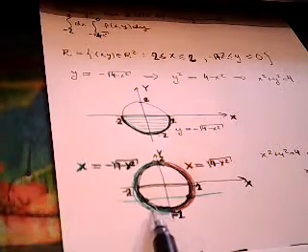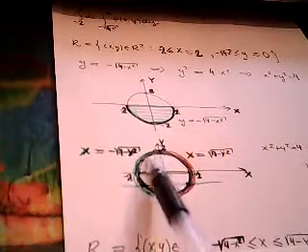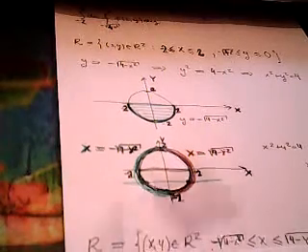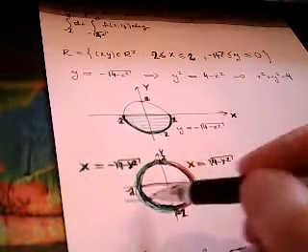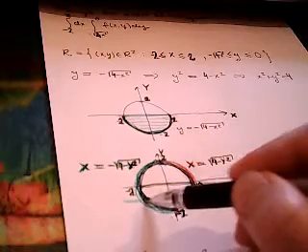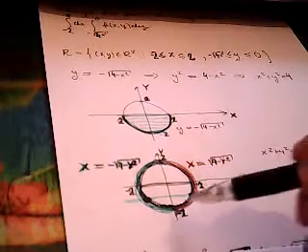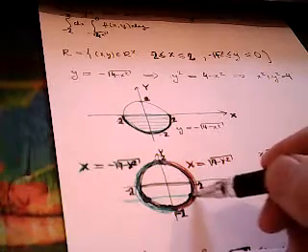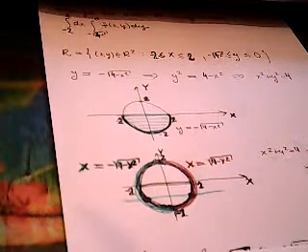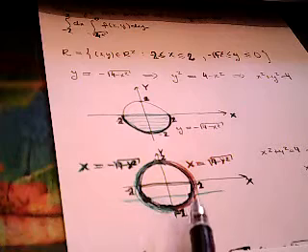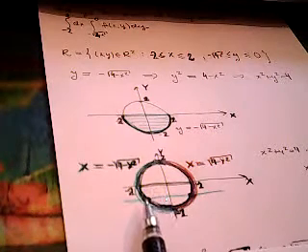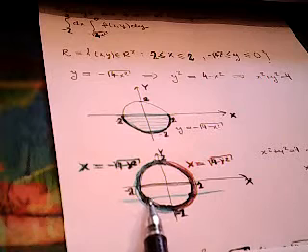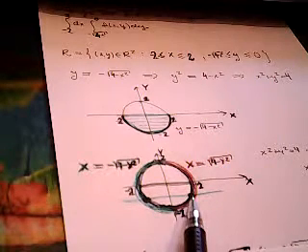With this semicircle we have this point, and with this semicircle we have this point. The range of x is between this point and this point.